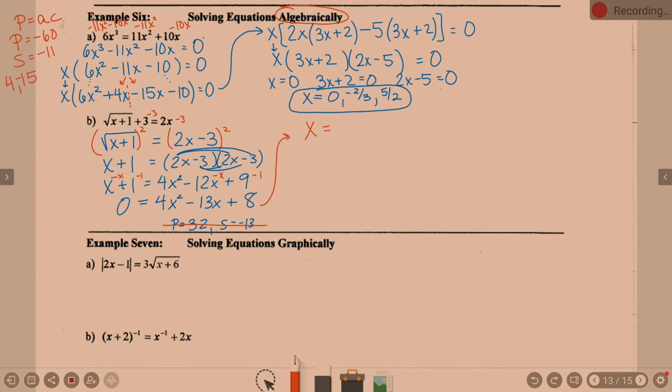So the negative of negative 13 is 13 plus or minus the square root of b squared. Realize that's negative 13 squared, so it's got to become positive. Minus 4 times a, which is 4, times c, which is 8, all over 2a, 2 times 4.